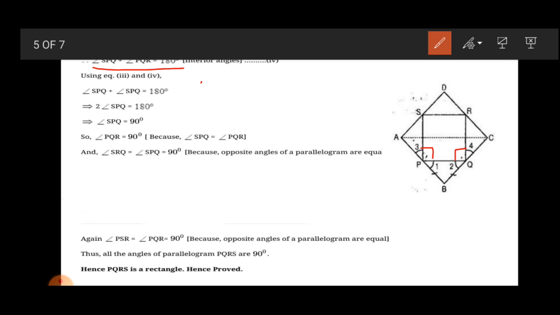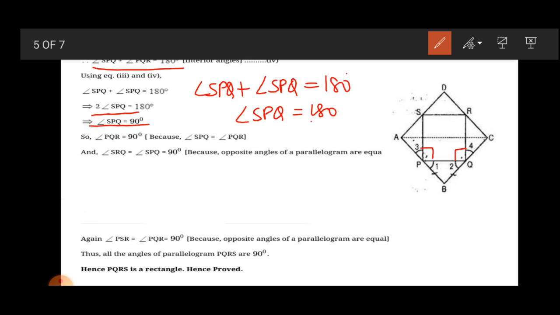So in place of angle PQR, write SPQ: SPQ plus SPQ is equal to 180 degrees. So double of SPQ is equal to 180. So SPQ is equal to 180 by 2, which is 90 degrees.